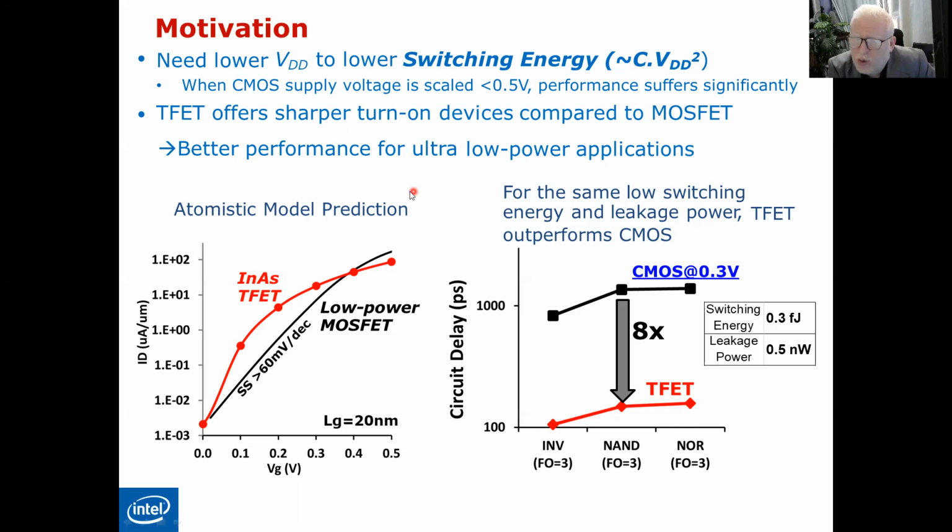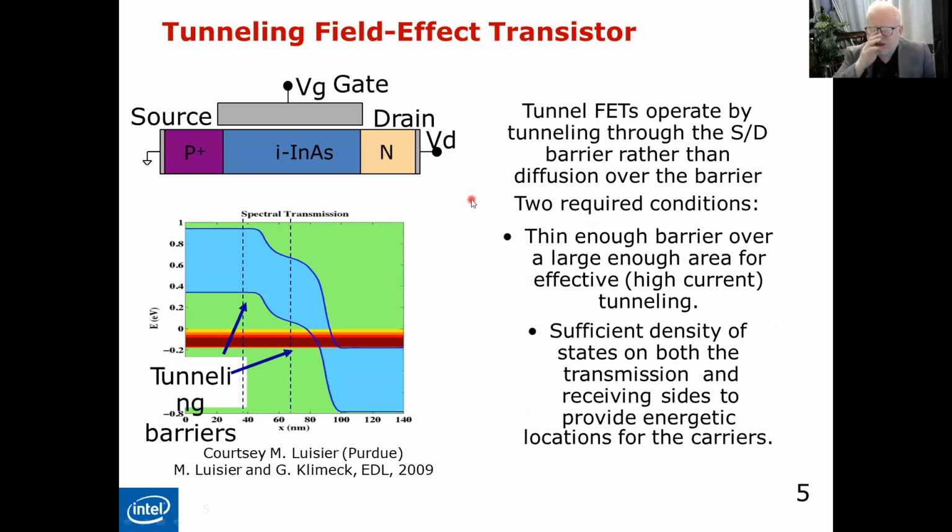So let's now go into the details. What are the tunneling field effect transistors? Here we start to introduce a very important type of junction. If you flash back through our course, you will find that we have dealt with different types of junctions. We started with the PN junction, if you remember.